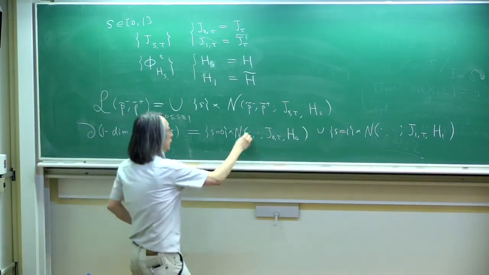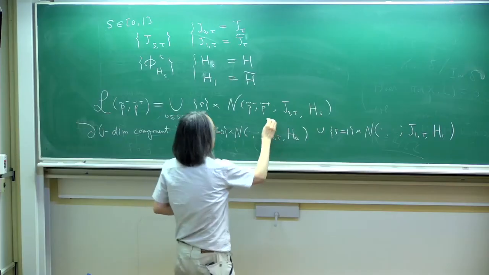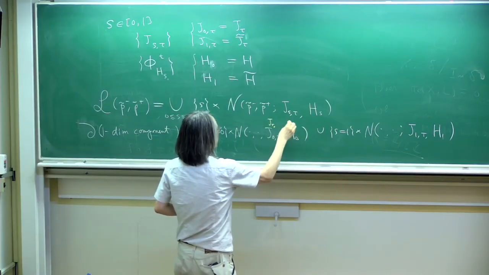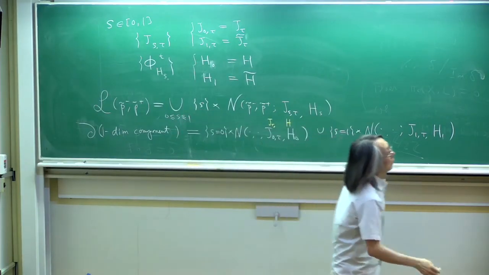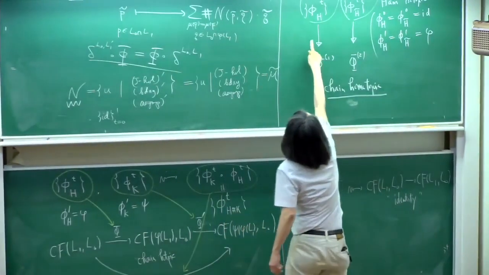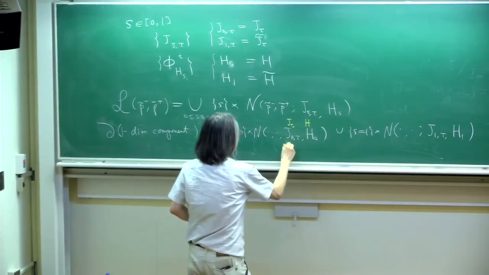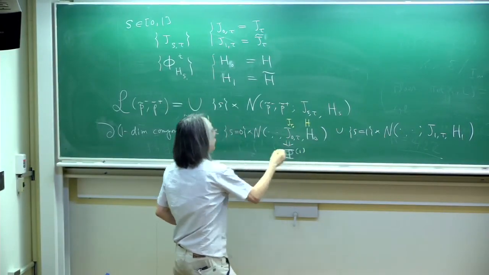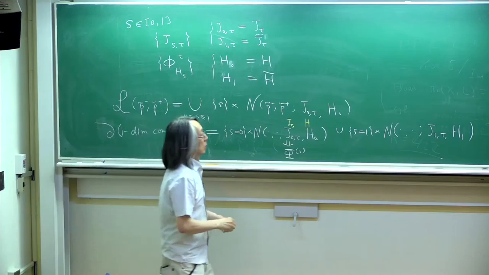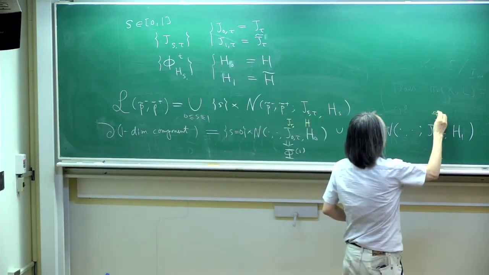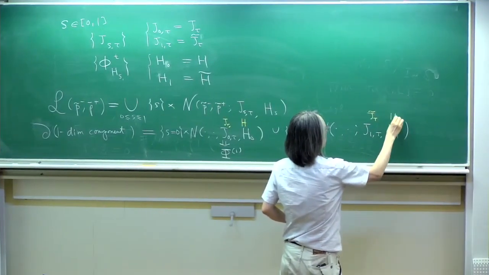But this one is exactly the same as this J tau and H, this side, right? So from this moduli space, we can get this one of the chain homomorphism phi 1. And this one is this J tilde tau, and this is H tilde.